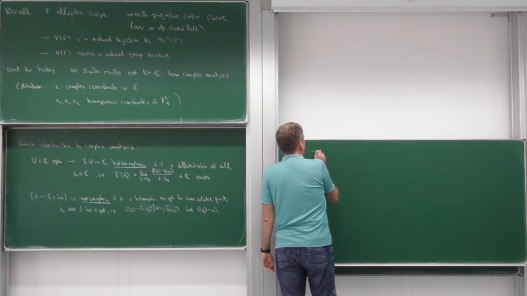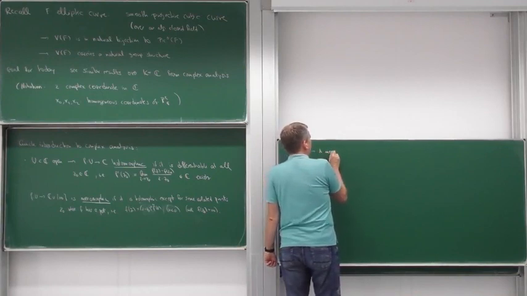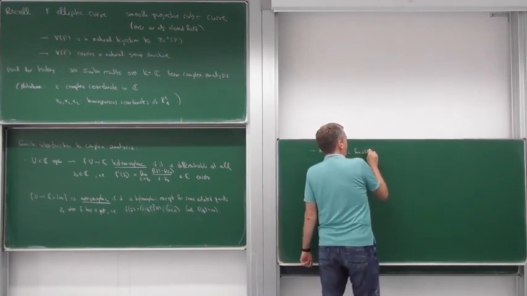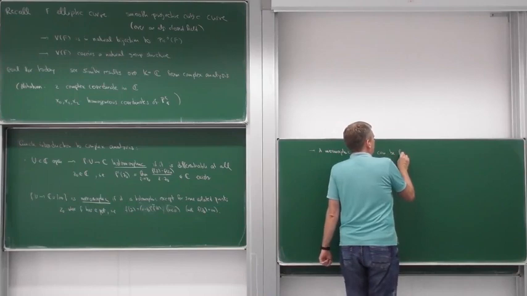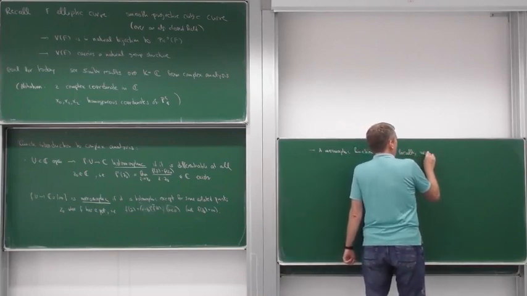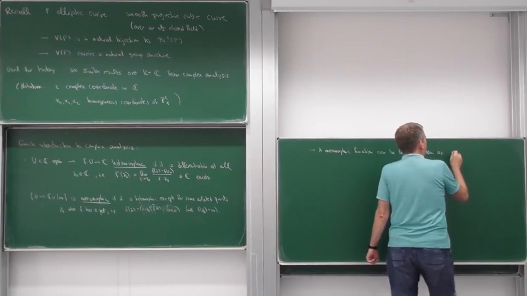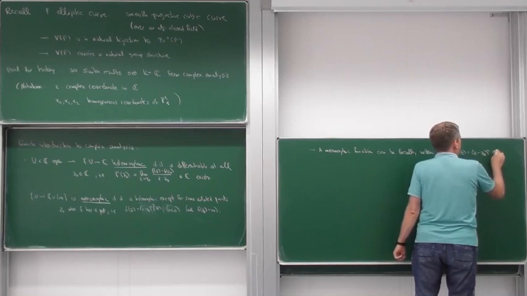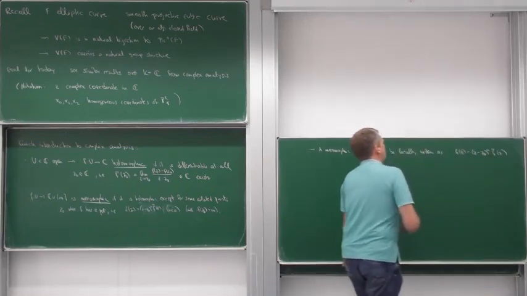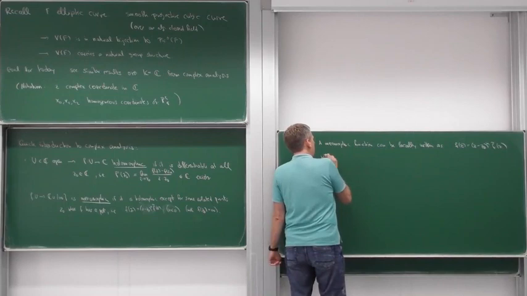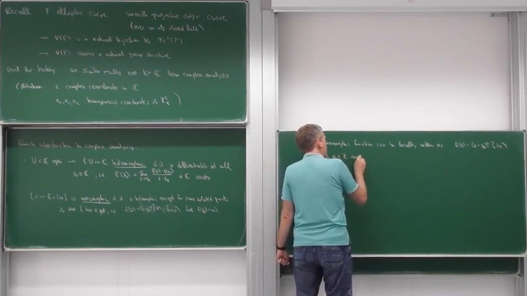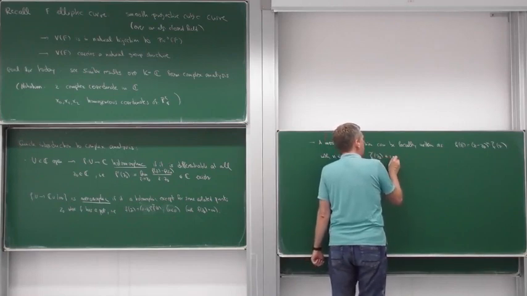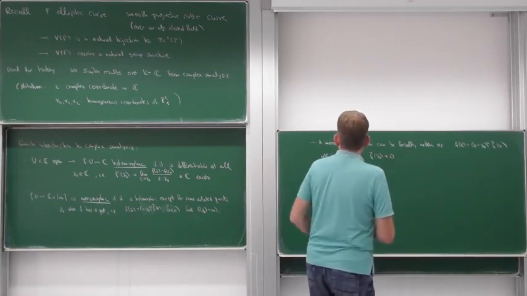So hence a meromorphic function can be locally written as f of z is z minus z0 to the n, and then f tilde of z, with n any integer, and so f tilde of z0 is actually non-zero, and that is if the function is not itself identically zero.